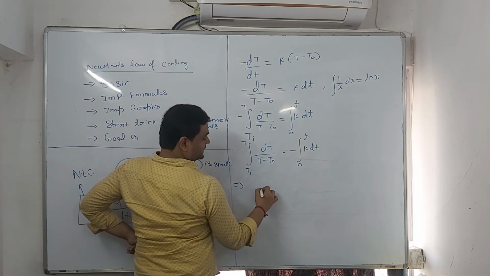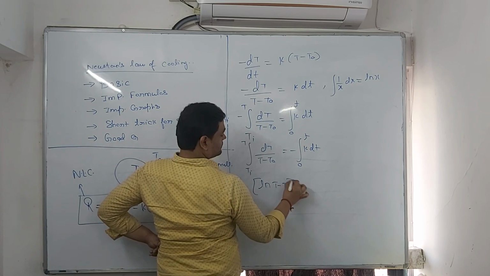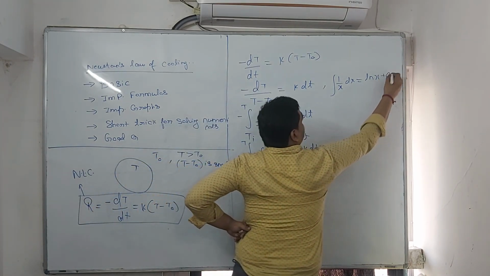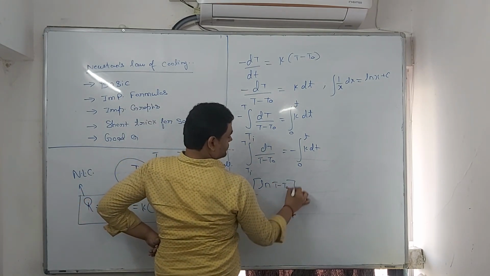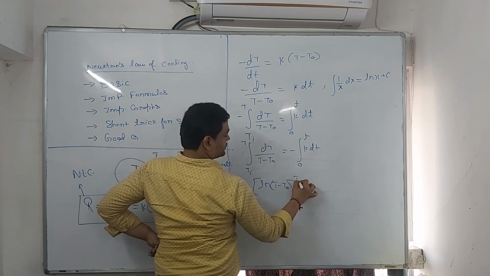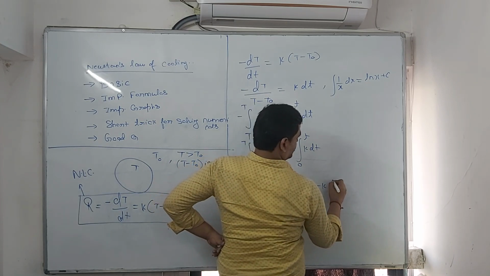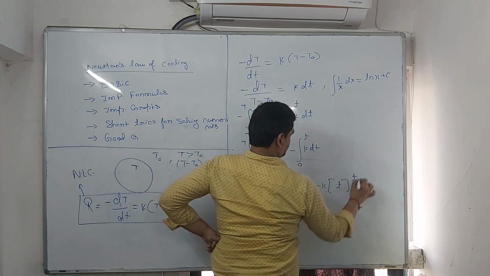Now this integration will be ln (T minus T naught). You can also write plus an integration constant c, but that does not matter here. Now here, temperature initial to temperature T, and minus k times t from 0 to t.